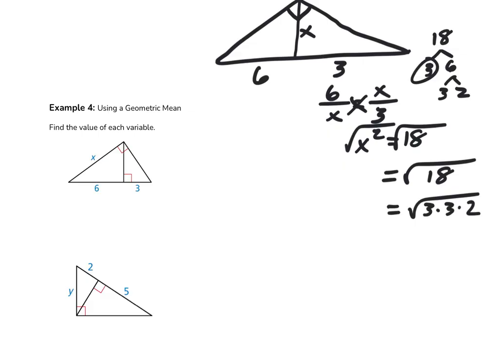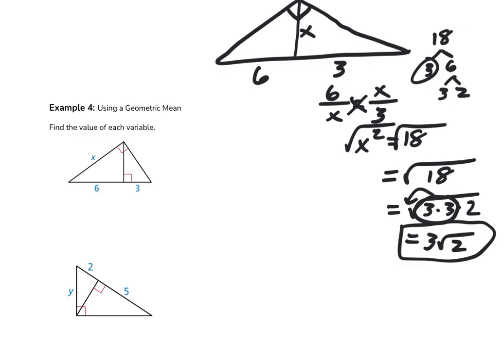And I'm going to write out the 3 things that it breaks up into. 3 times 3 times 2. What do I have pairs of? I've got a pair of 3s. That's going to come out. So that would become 3 radical 2. That would be our answer.